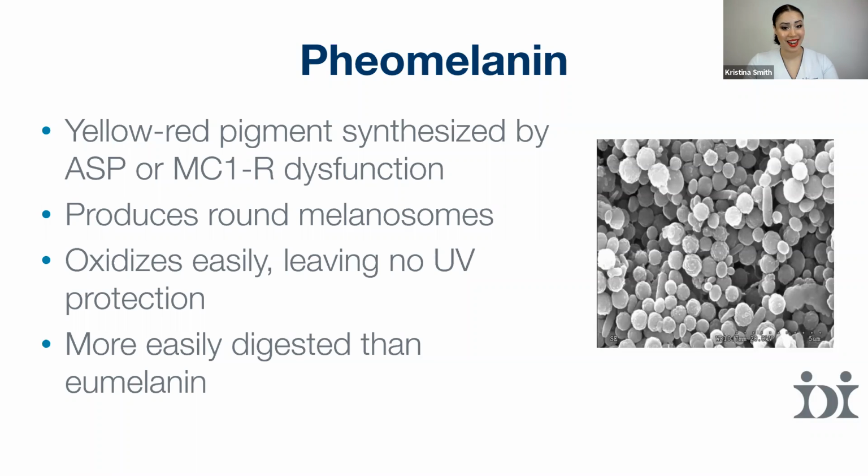Now, this also oxidizes very easily. So if you're outside and you have very fair skin, if you have come in contact with UV, anything that could create free radical damage or oxidative stress, so pollution, UV, a lot of these things that we come in contact with, it oxidizes, which means we don't get that UV protection that we get from eumelanin. And this is one of the main reasons why people with fair skin tend to get sunburns so quickly and so easily, because there's just absolutely no UV protection on their skin.